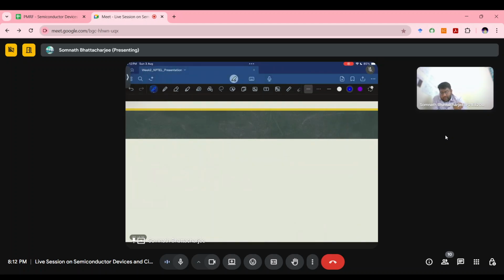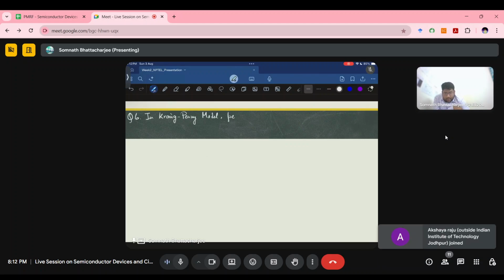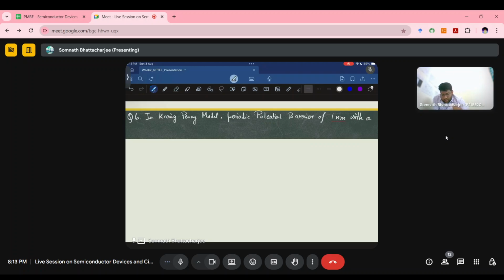So we move on to the next one, question 6. That is, in the Kronig-Penney model, we have a periodic potential barrier of 1 nanometer with a height of 5 electron volts.